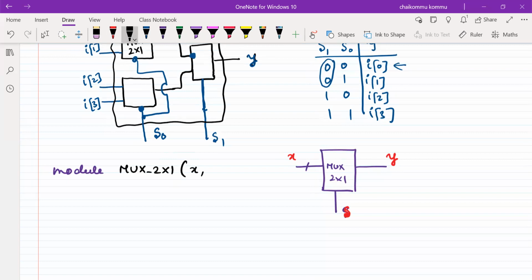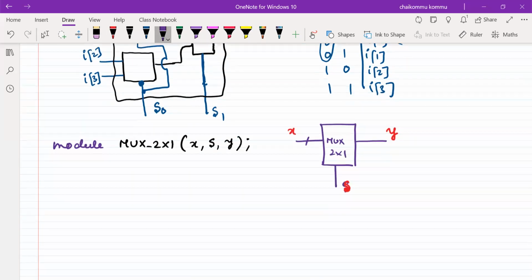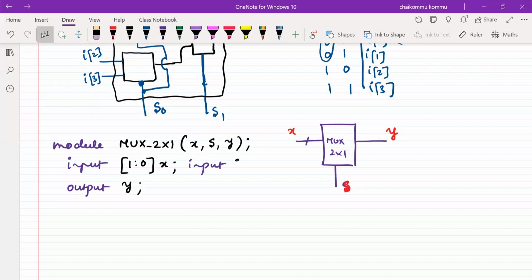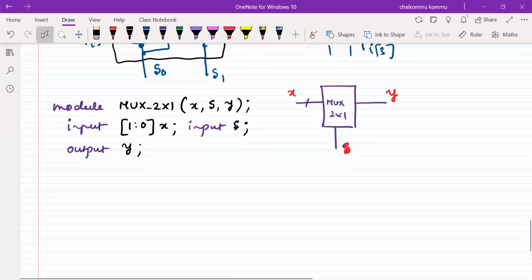Also vector notation S comma Y. Inputs are 1 down to 0 of X. Output is Y. We have another input S. Right? Fine.